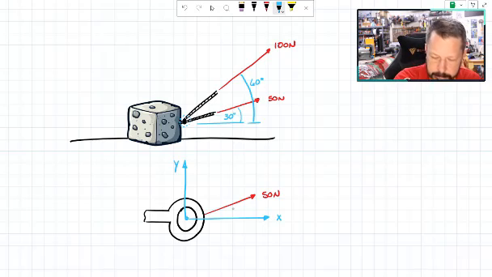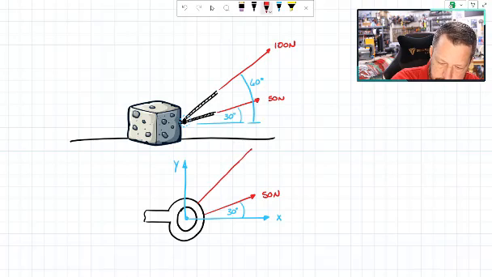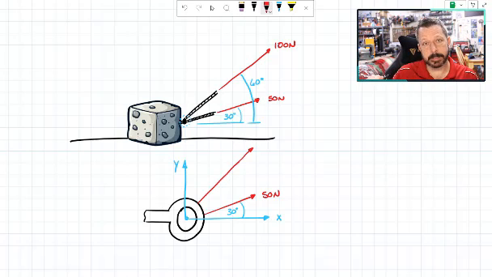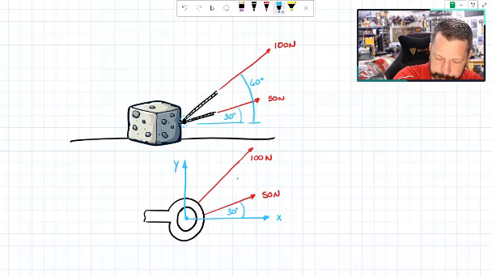So there's that force. Then I'm going to draw this one longer. Technically the vectors should be scaled. Their length should be scaled to their magnitude, but I don't have room for that, so we're just going to do it a little bit longer than the 50 instead of twice as long. And then this guy is 60 degrees.